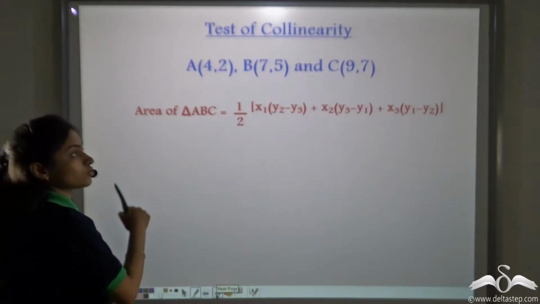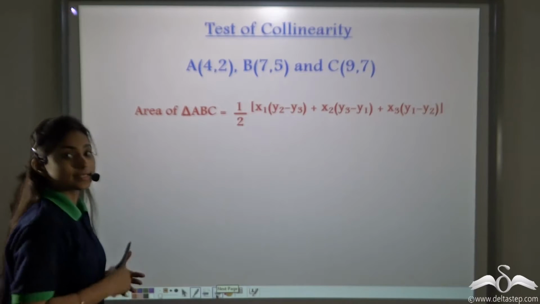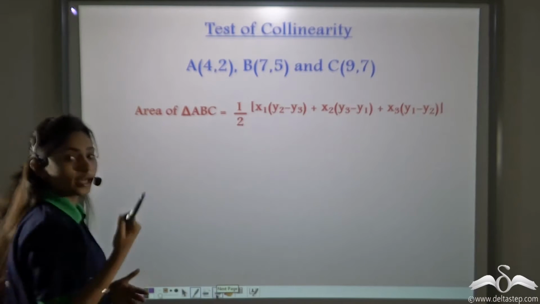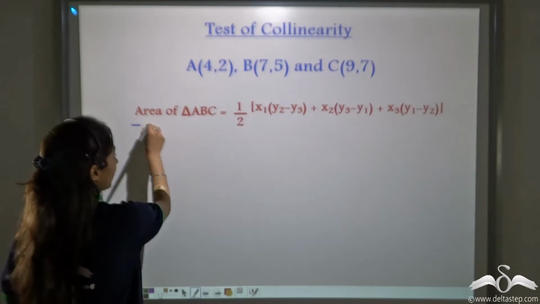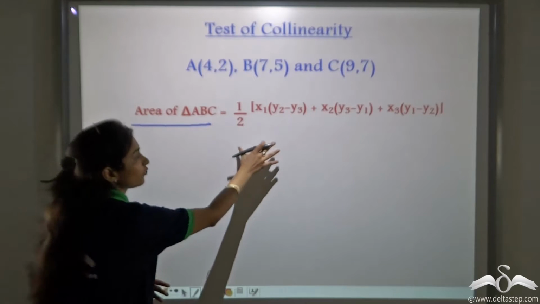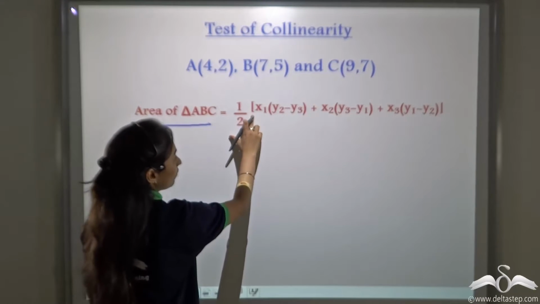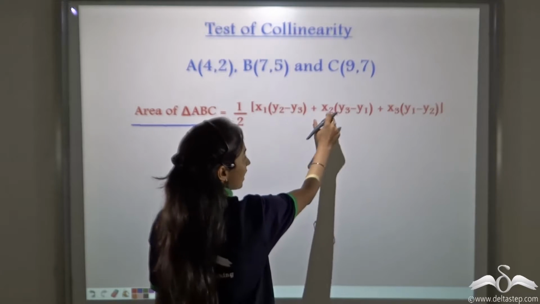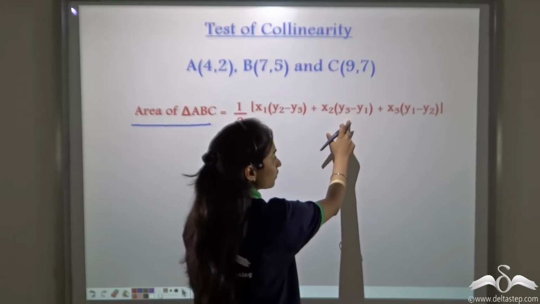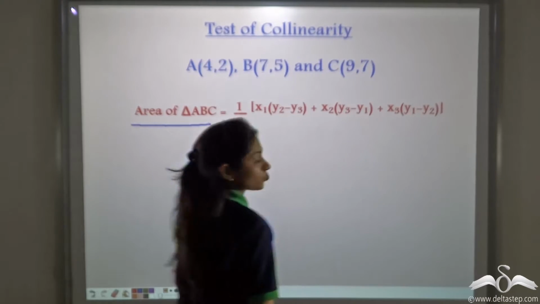So now with those 3 points, let's check whether they were collinear or not using the second test. Now we have already taught you how to find out the area of a triangle. The area of a triangle ABC, we have to find out using this formula: half, whole bracket, x1 small bracket y2 minus y3, plus x2 small bracket y3 minus y1, plus x3 small bracket y1 minus y2.